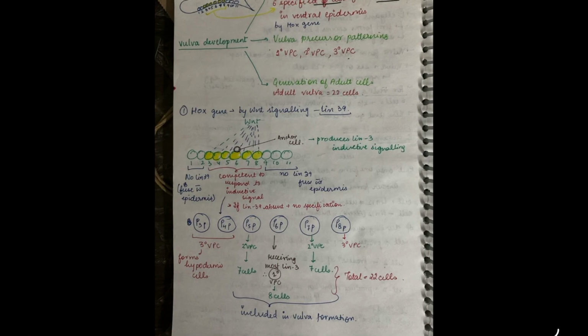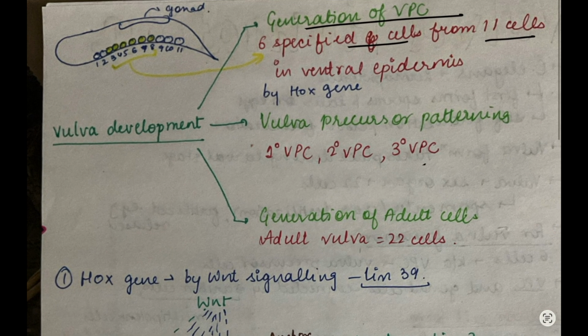Now let's see how vulva development takes place. There are basically 6 main VPCs which play the main role.